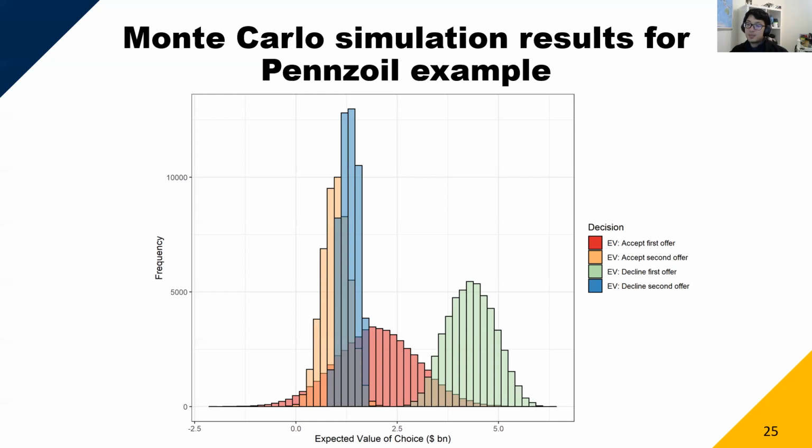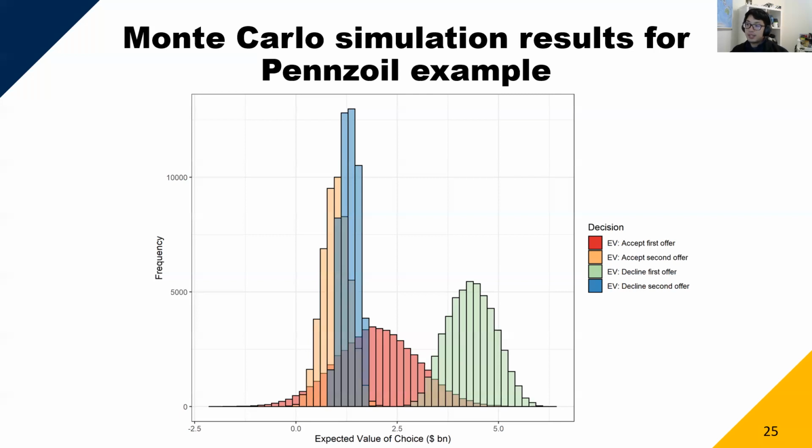And we can see that the expected value of declining the first offer, in green, versus accepting the first offer, in red, is a lot more often higher than the red distribution, where you would accept the first offer.